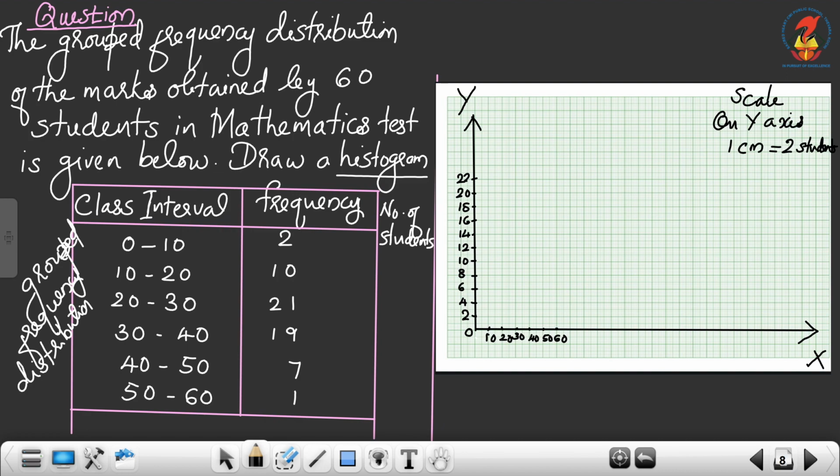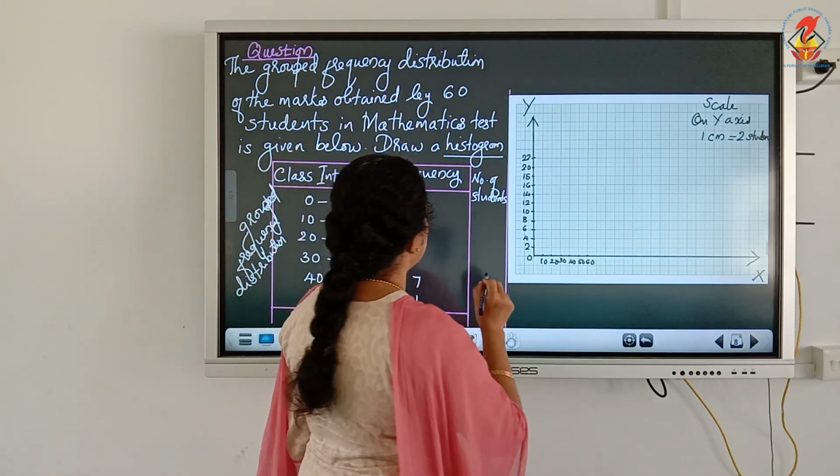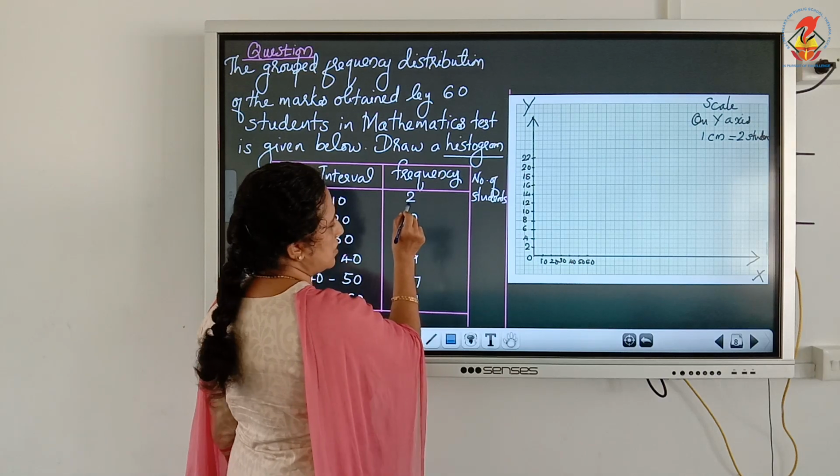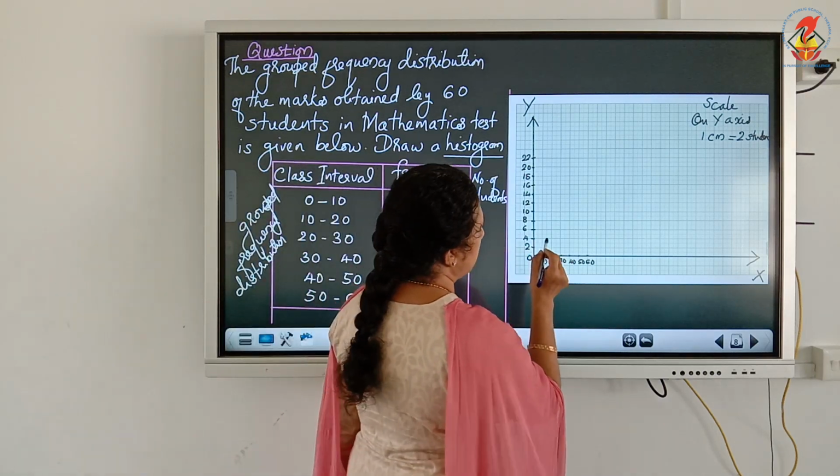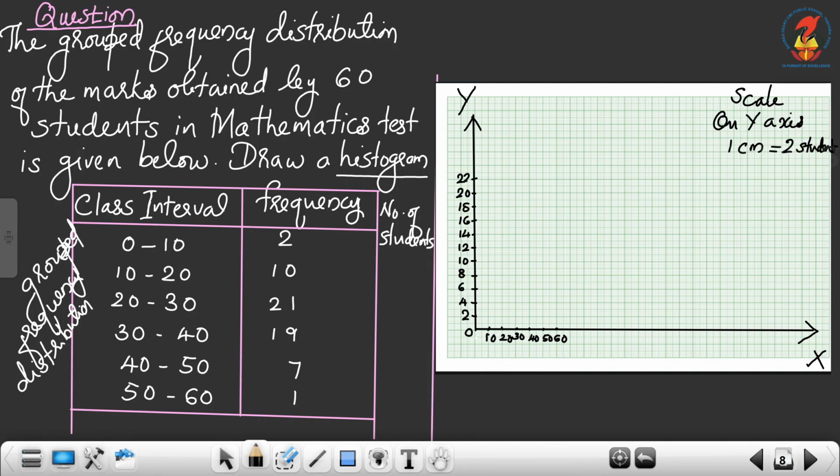Then look at the first class interval 0 to 10, and the corresponding frequency is 2. So what is the height of the bar? 2 we have to select. On my y axis 1 centimeter is equal to 2, so this 1 centimeter we take as 2. We selected 2, therefore we have to draw a vertical bar.